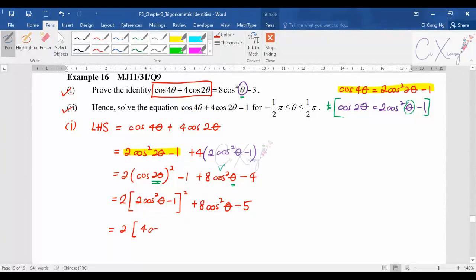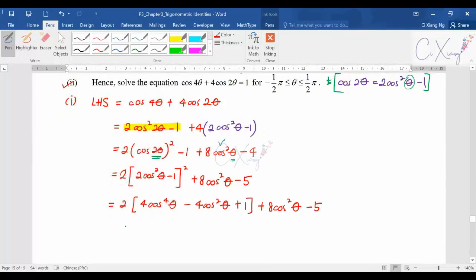You will have 4 cos power 4 theta minus 4 cos square theta plus 1, then 8 cos square theta minus 5. After that, you expand everything and try to simplify as far as possible.